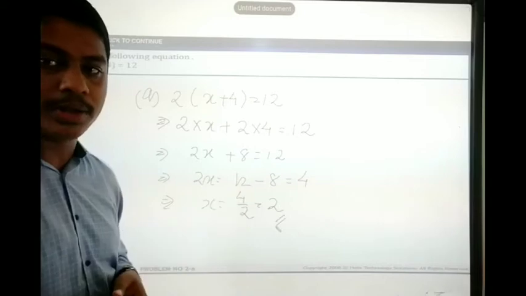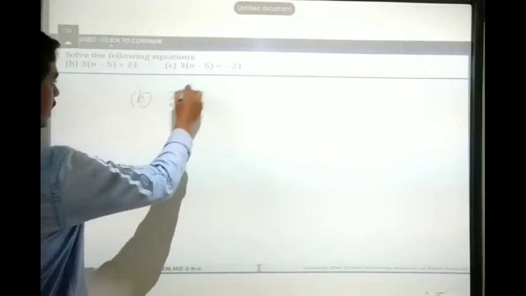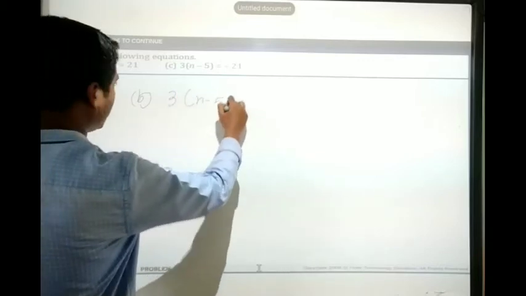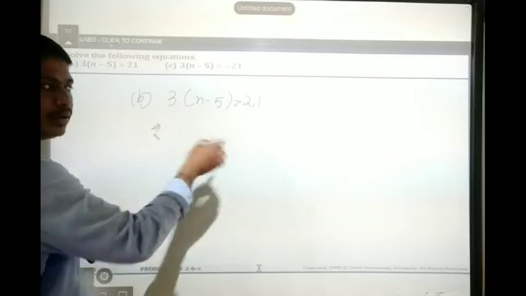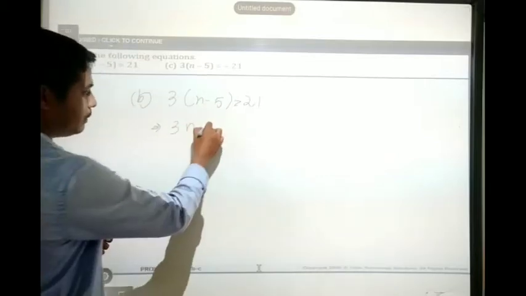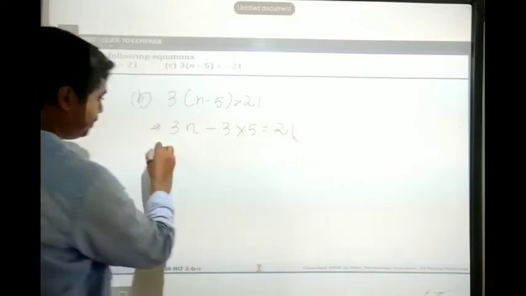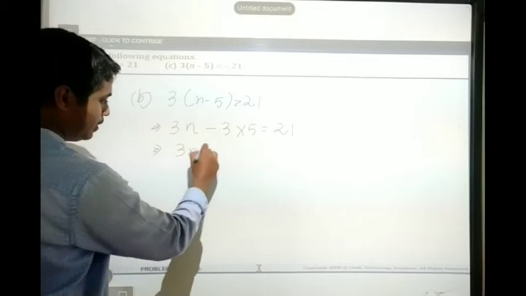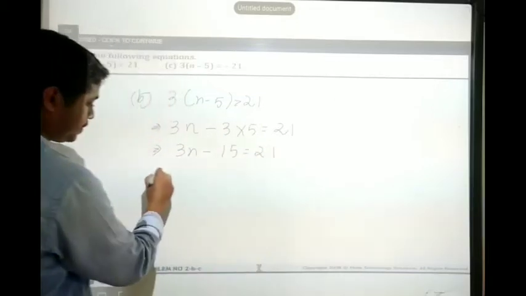Next question I am doing. The next question is question B: 3 bracket n minus 5 is equal to 21. Again use the distributive law. 3 into n is 3n, minus 3 into 5, is equal to 21. 3 into 5 will be 15, so 3n minus 15 is equal to 21.